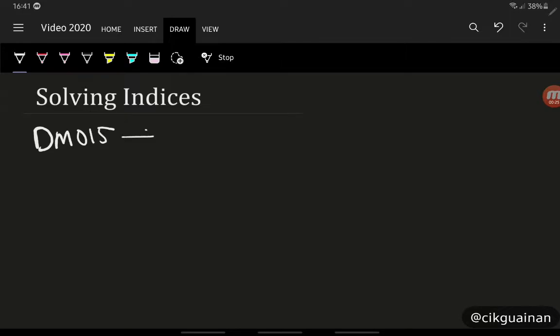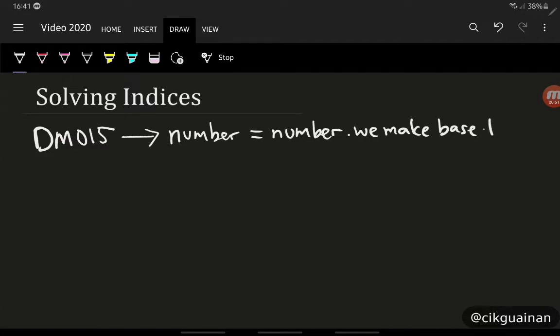The first one is whereby you have a number equal a number. If we have a number equal a number, what we do is we make the base the same.